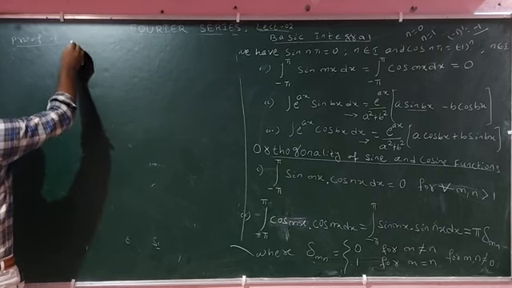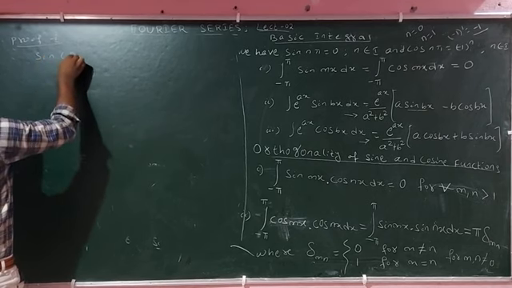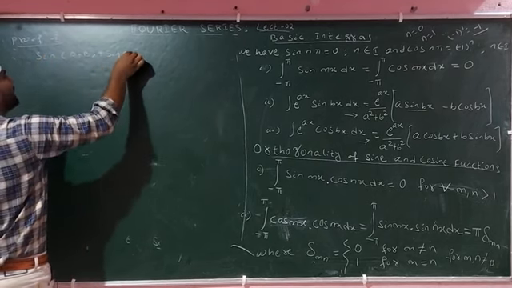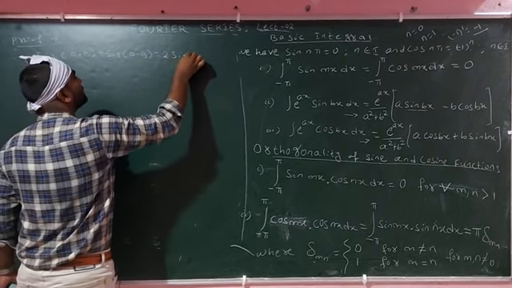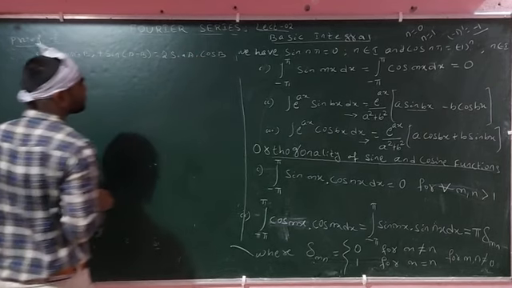By applying the standard trigonometry equation, sin(a plus b) plus sin(a minus b) equals 2 sin a cos b.